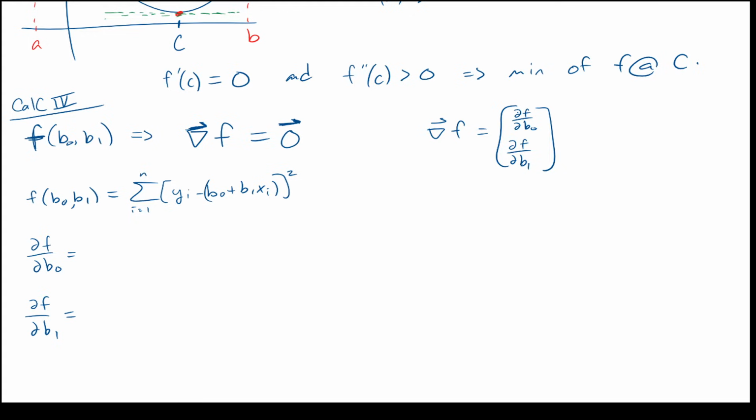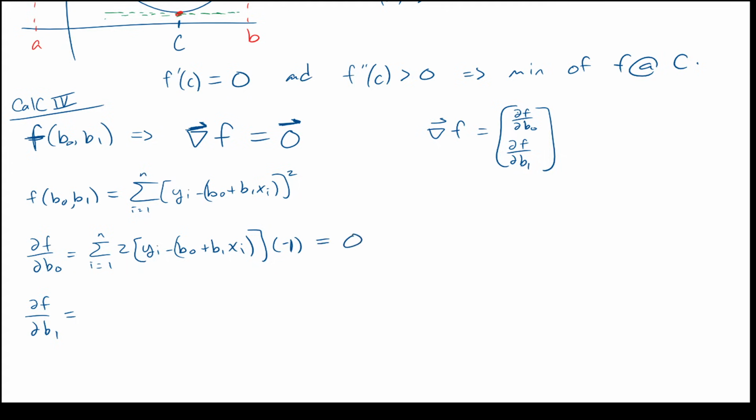Well, partial f, partial b0 means I need to take the derivative with respect to b0. See, I can move the derivative inside the summation. So that means I can say the summation i equals 1 to n of 2 times yi minus b0 plus b1 xi, times the derivative with respect to b0 of the inside, which is just -1.